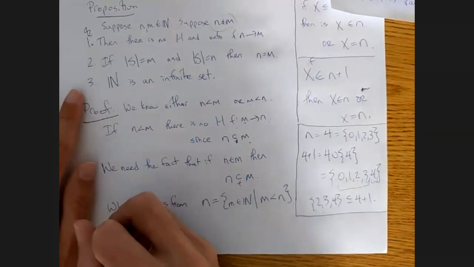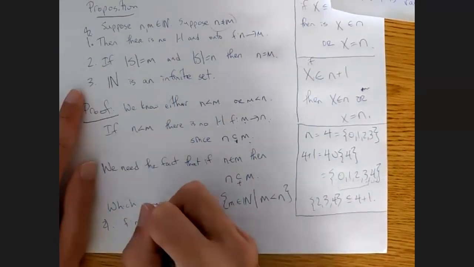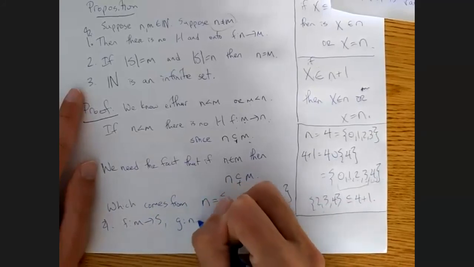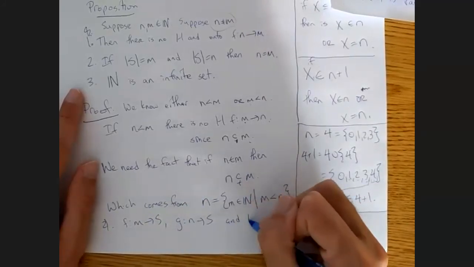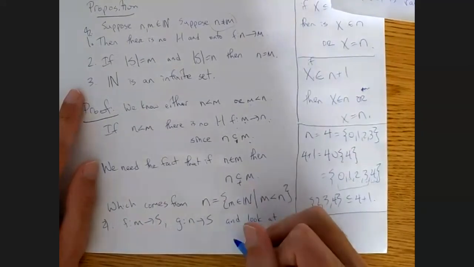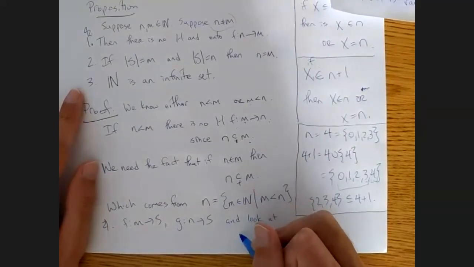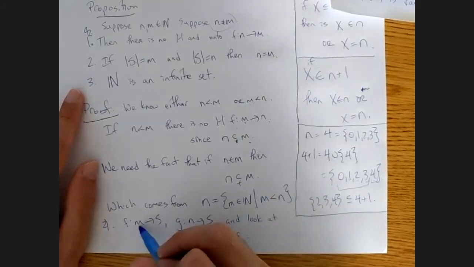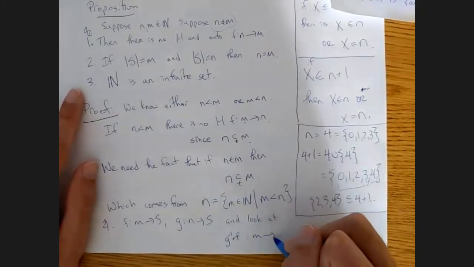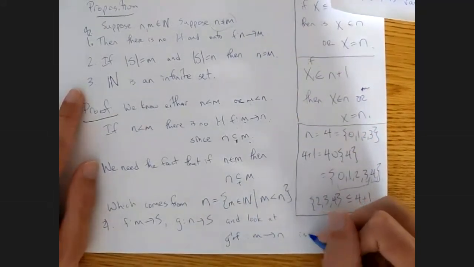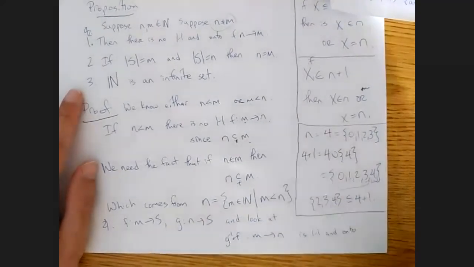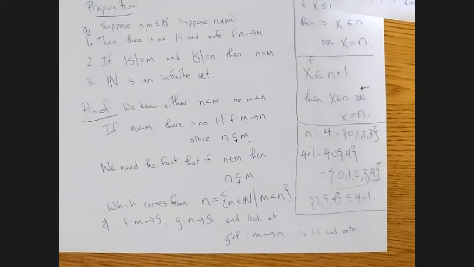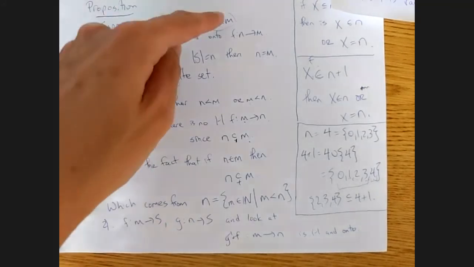So for part 2, take f from m to S, g from n to S, and look at g inverse of f, which goes from m to n and is one-to-one and onto. That is impossible unless n equals m.